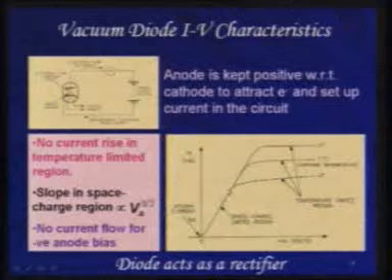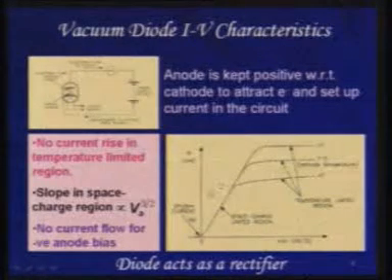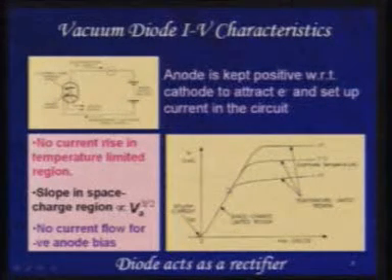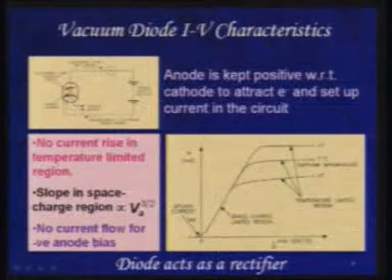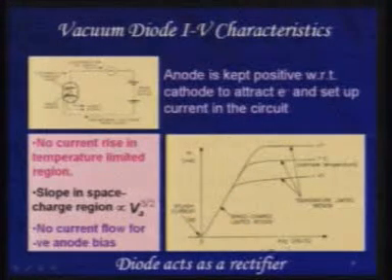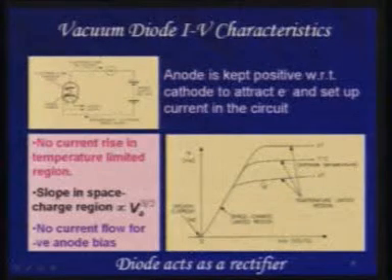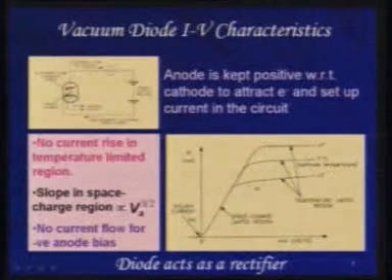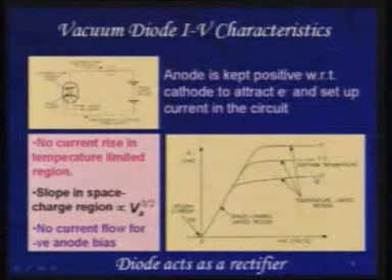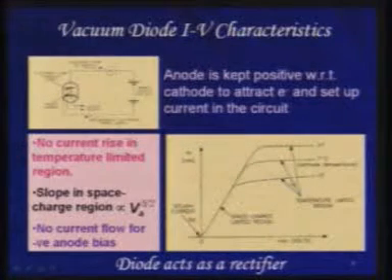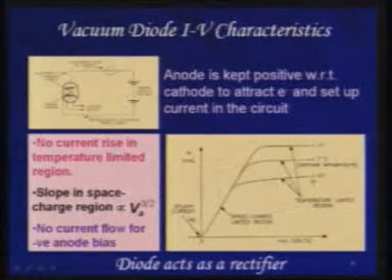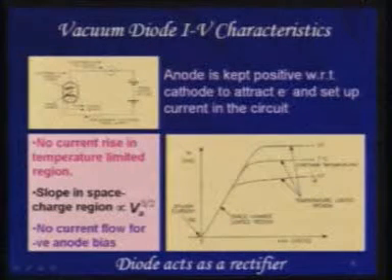Now this is called the space charge limited region, where we have the linear region of operation, where we have got a linear relationship between the anode voltage and anode current. After a certain time, however, you will find that this curve, that increase in the current with voltage, ceases and it attains a saturation value. Now why is that?